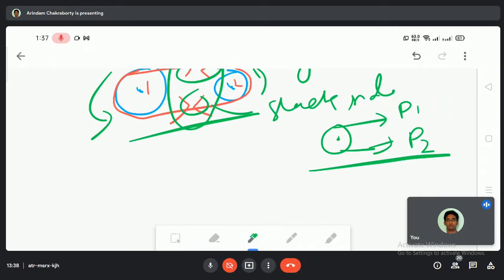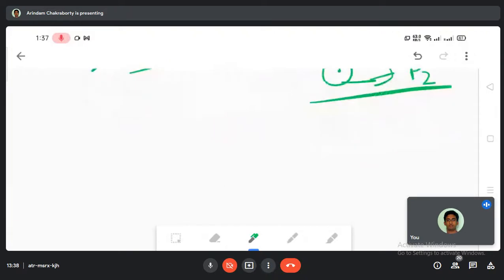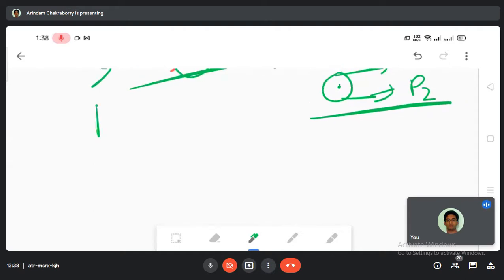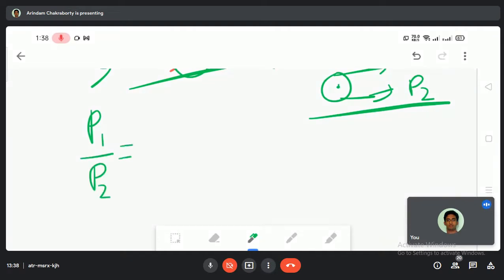So we know that P1 by P2 is equal to e to the power mu theta.